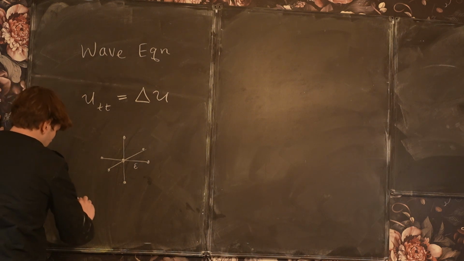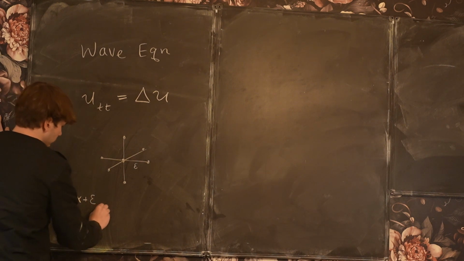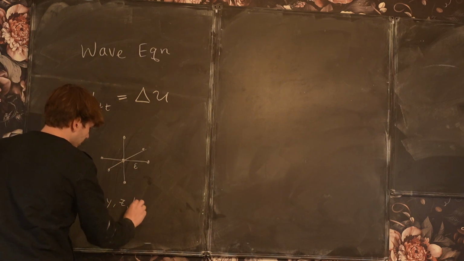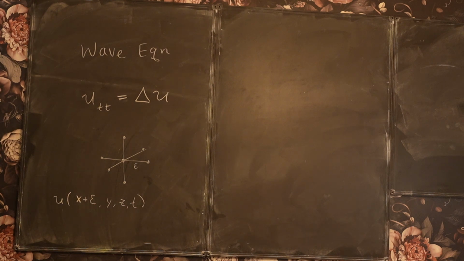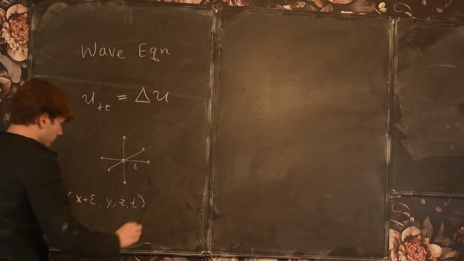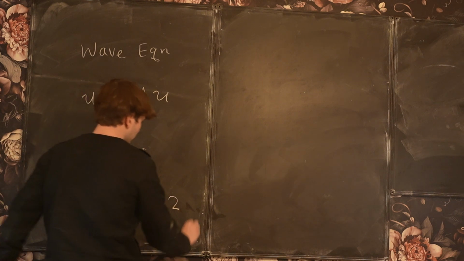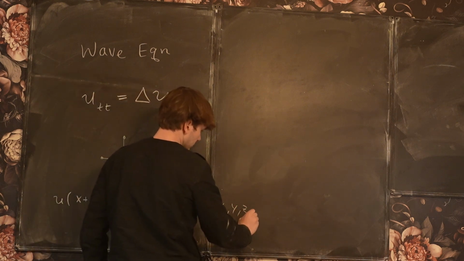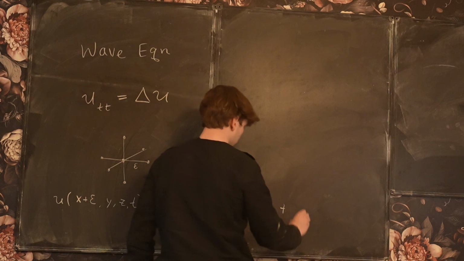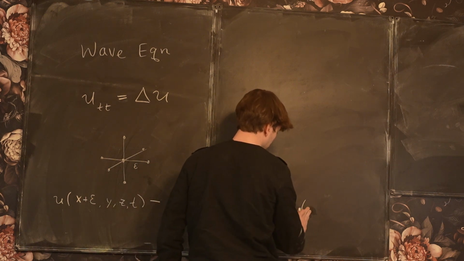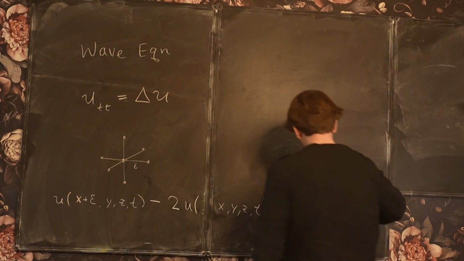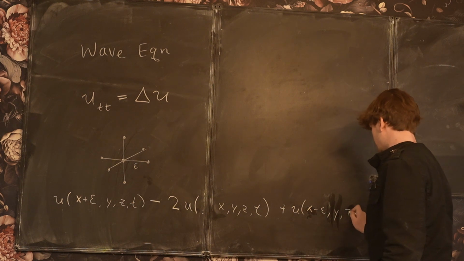So let's say u of x plus epsilon, y, z, and we're going to fix a time value t, and then subtract twice u of x, y, z, t, and add u of x minus epsilon, y, z, t.